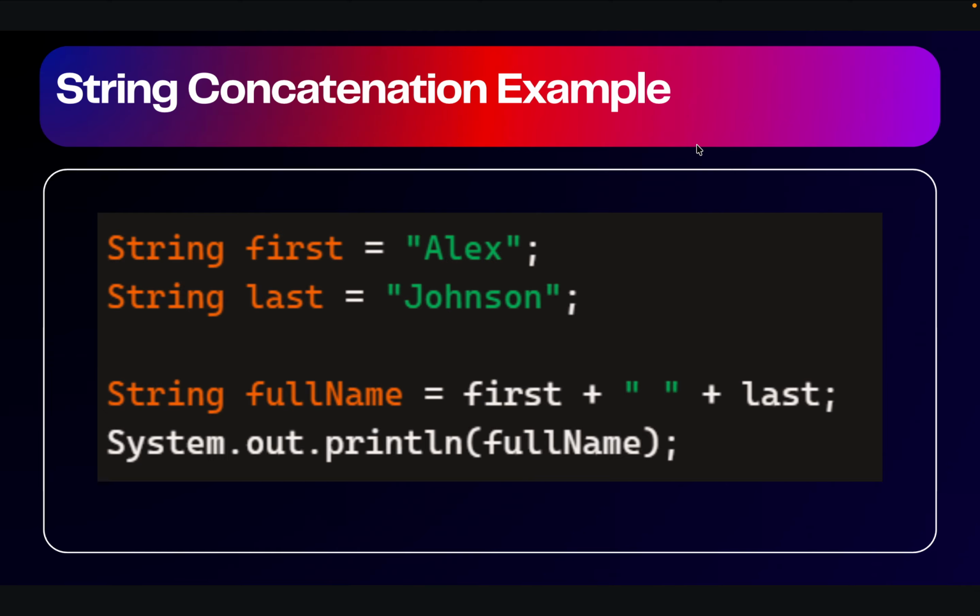Technically, you could add a space at the end of Alex, or at the beginning of Johnson, and then remove that extra quote from full name altogether. But if you don't do that, this would be the proper way to add a space between your actual variables. So this is how you would combine two strings using the plus sign.